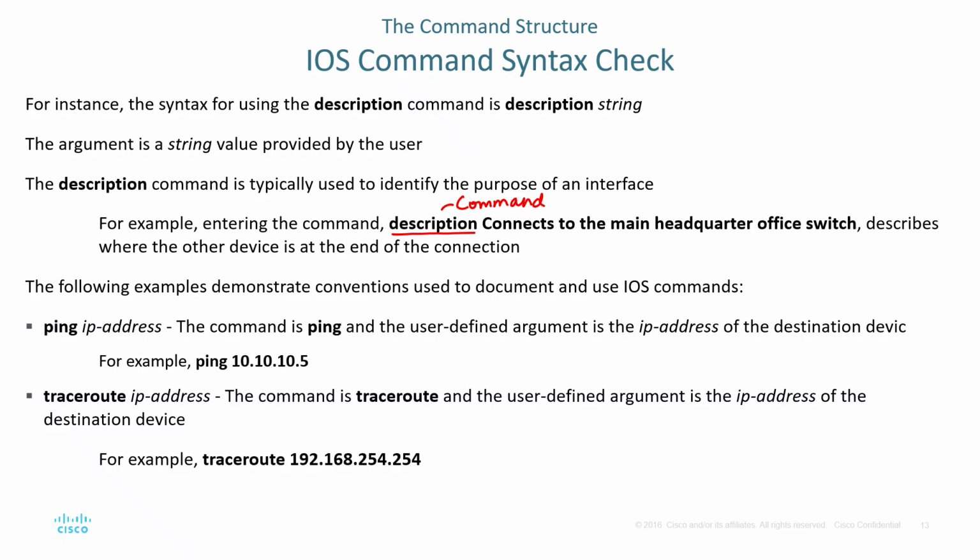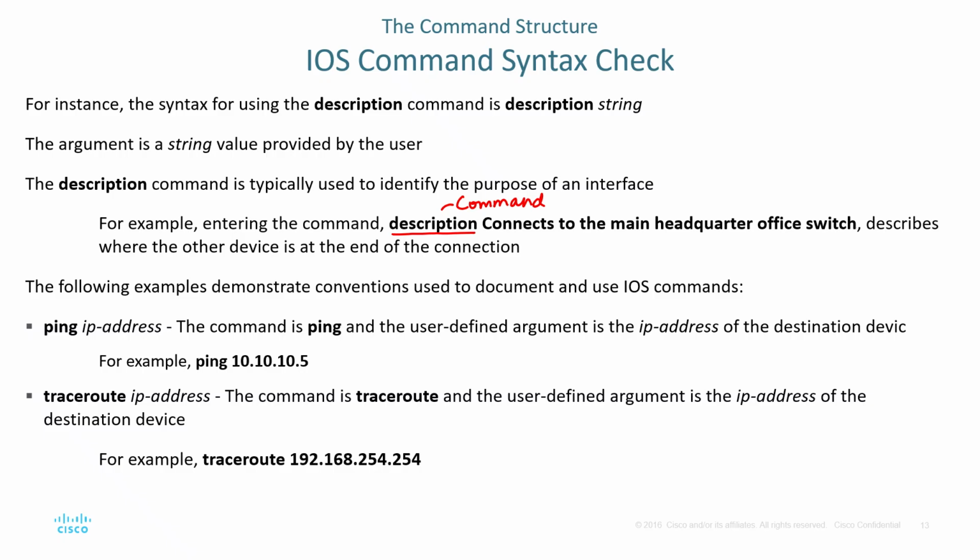So here, my ping is my command. IP address is my user-defined argument. It will be the destination device that you're trying to test. As an example, I want to ping whichever device has the IP address 10.10.10.5.